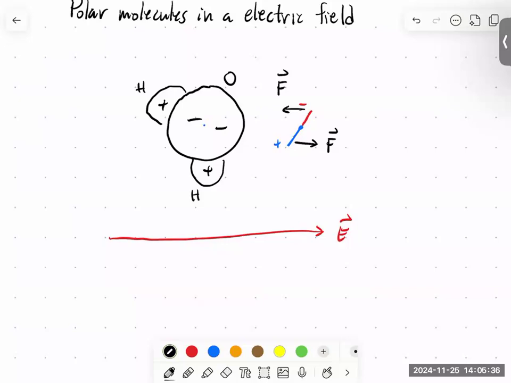So again, if I've got my cup of polar water molecules and I put them in a strong external electric field, they're all going to rotate to make that alignment. And we're going to have, on average, positive charge pointing, say, up if we have a vertical electric field, and the negative ends pointing down.